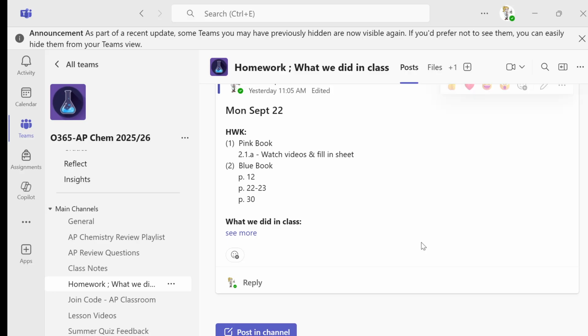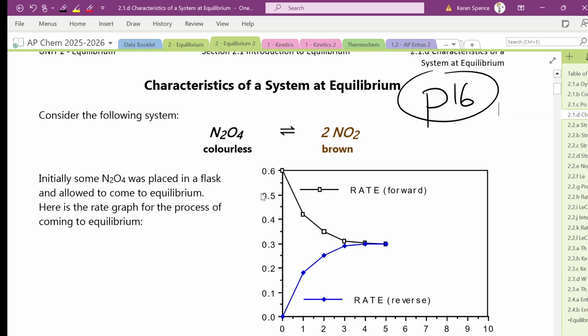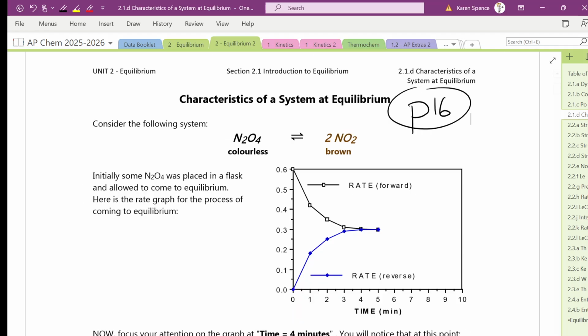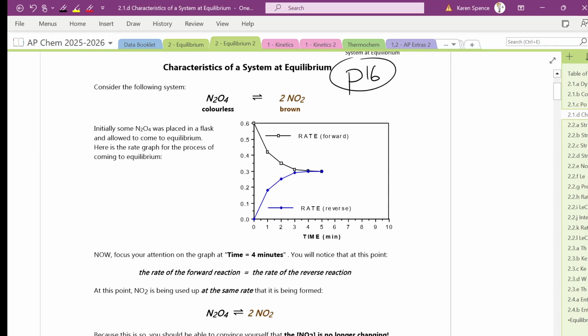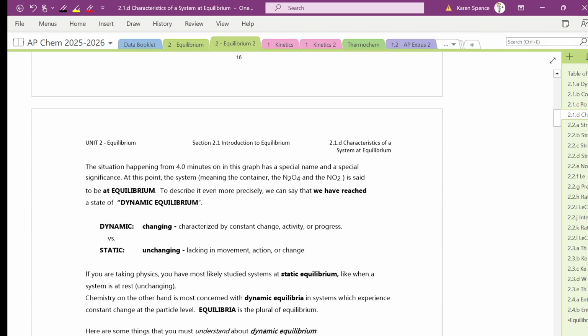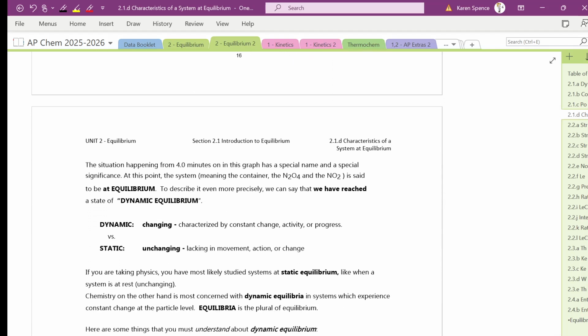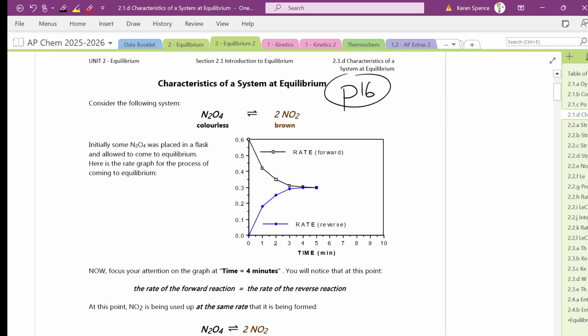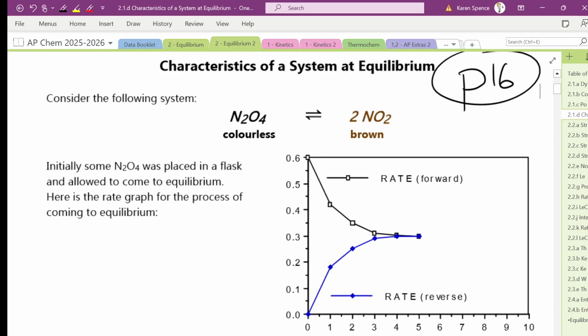Then let us go back to here. This is page 16 in your pink book. You guys seem done.